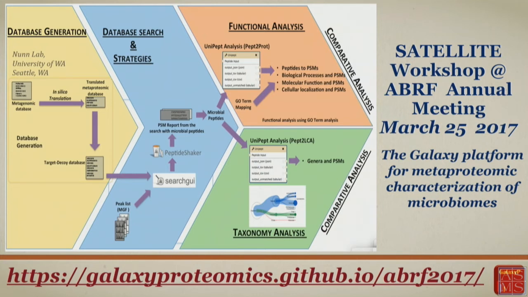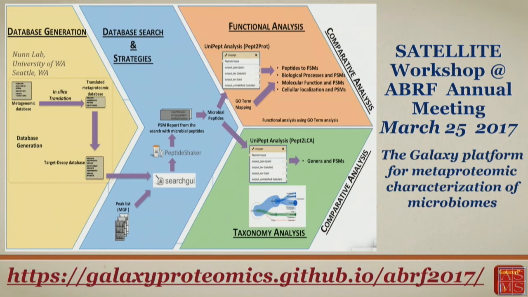So one of the things that was enabled because of this was you could actually take shotgun metagenomic data sets, which are in FASTQ format, and convert them into a protein FASTA file with peptides. And this was as a result of a software named SigSkill, which was developed from Nunn Lab at the University of Washington.